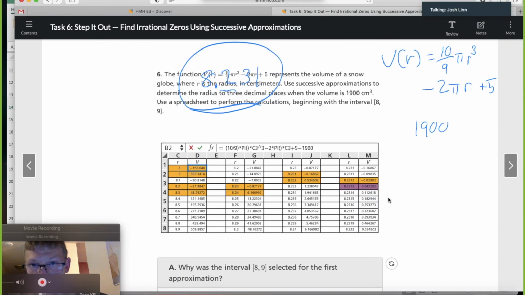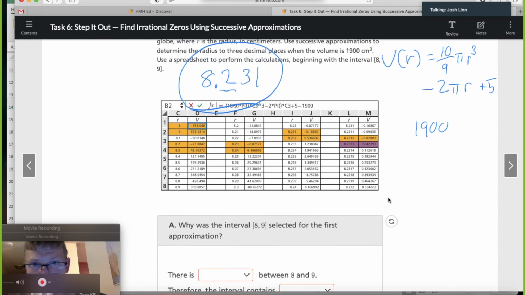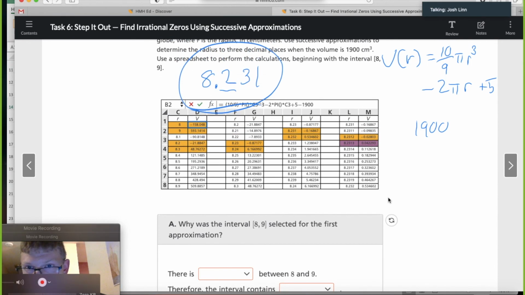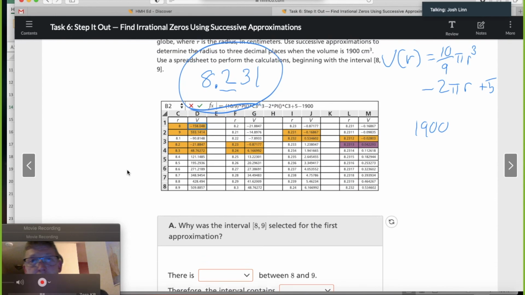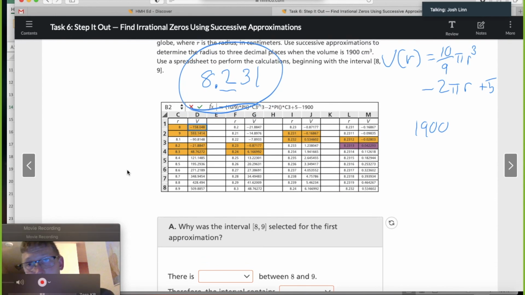If we go back through here, they wanted to go to one more decimal point, which is fine, but so that's basically how that works.